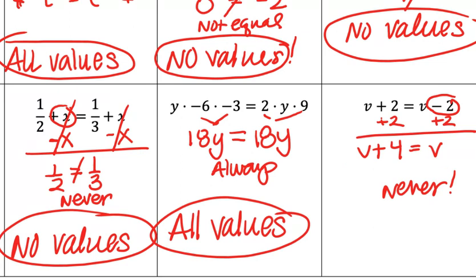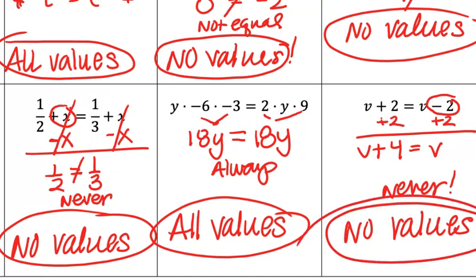I'm not going to, but if you wanted to continue solving and get variables on one side and numbers on the other, you're going to end up with 4 equals 0. This can never be true because adding 4 to a number will never equal itself. So this is no values.